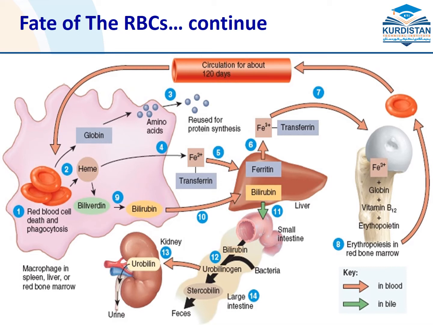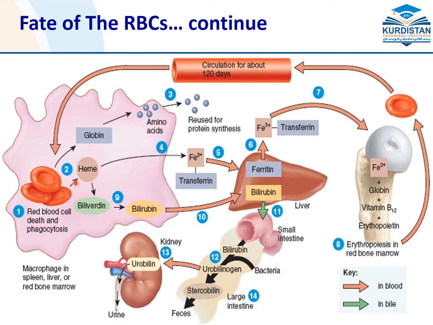Here is a summary of what we just explained about the fate of the red blood cells. As you mentioned, normally red blood cells can survive for only about 120 days. After that, they undergo the process of aging, and they might be taken up by the macrophages of the reticuloendothelial system within the bone marrow, spleen, and the liver.